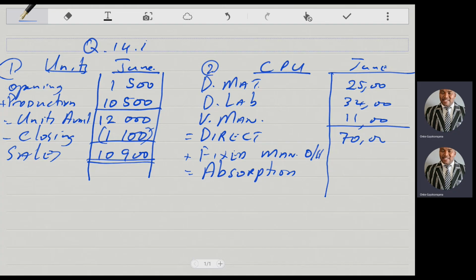So that's it. 70 rands is your cost per unit as per direct method. Now we need then to work out our fixed.